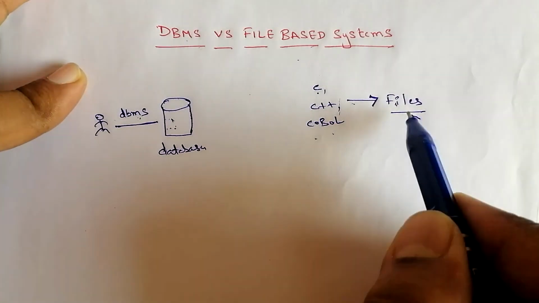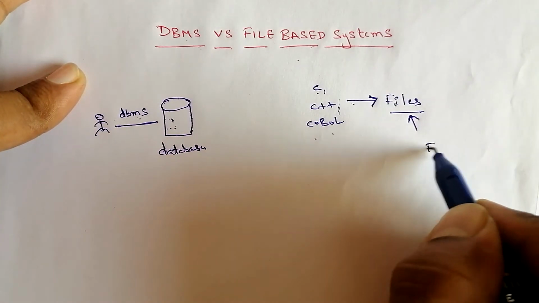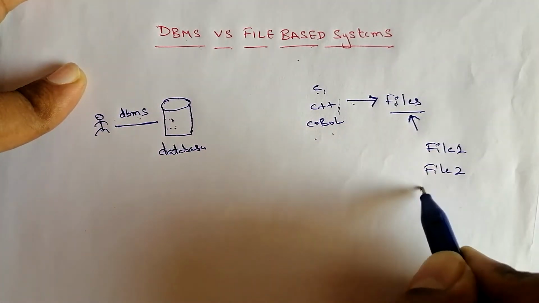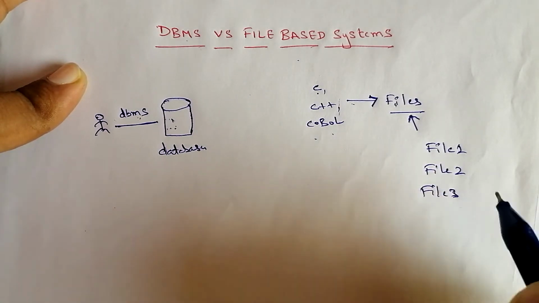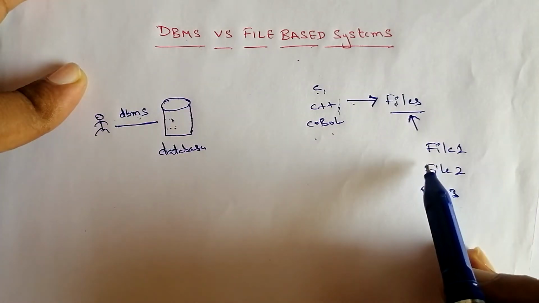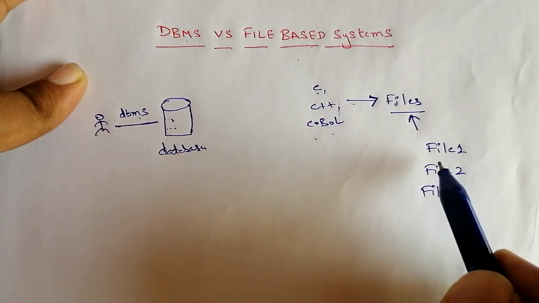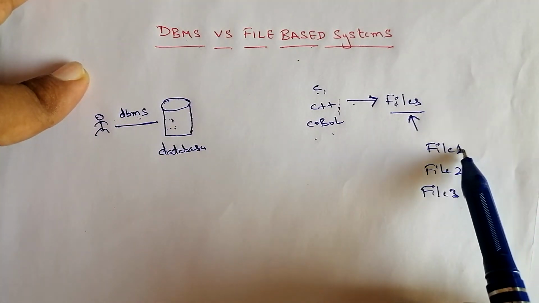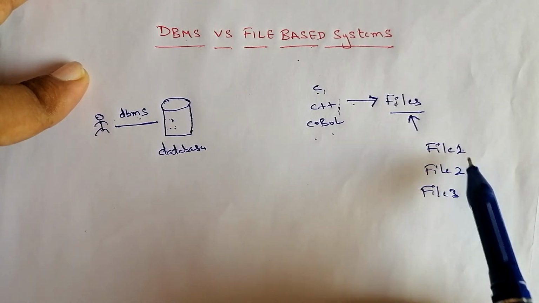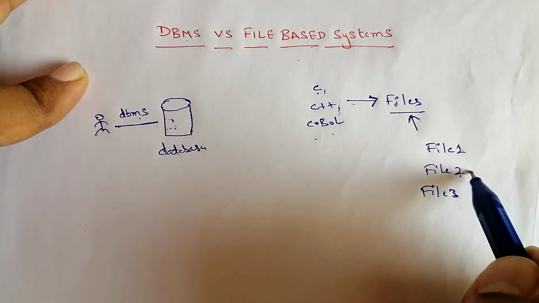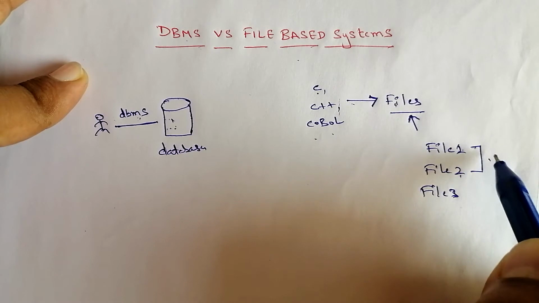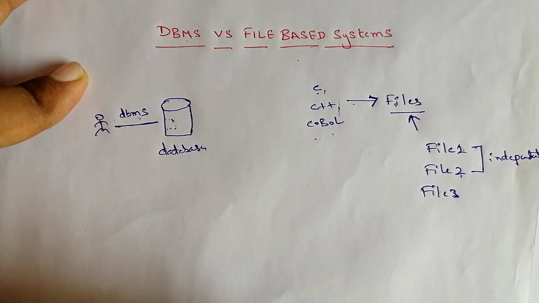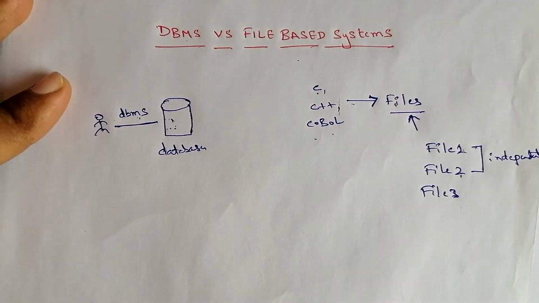And here the data is going to be stored in different files like file 1, file 2, file 3. We can have many files in the file based systems, right? Each file is called a flat file, and each file is independent of one another.